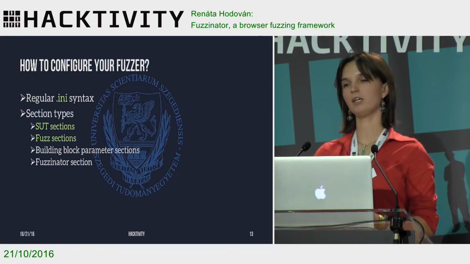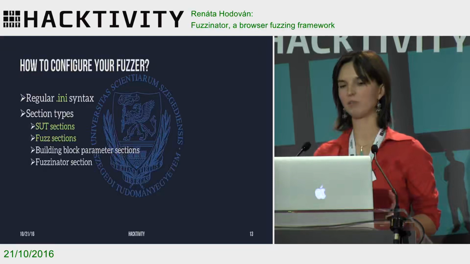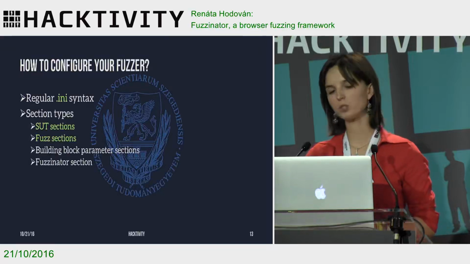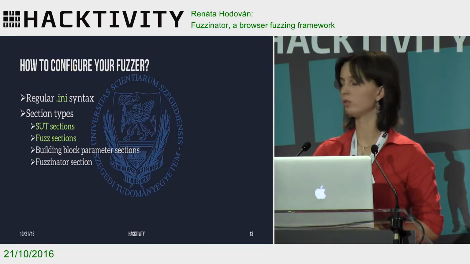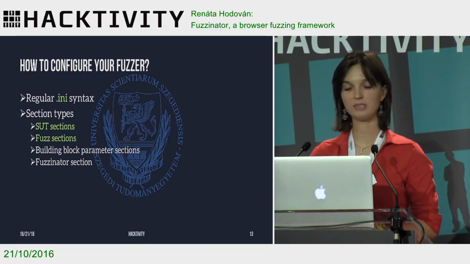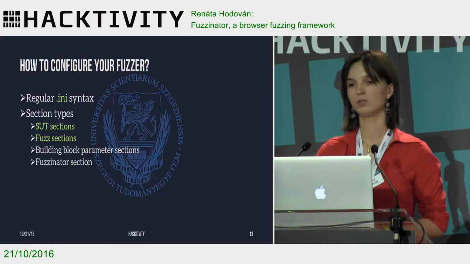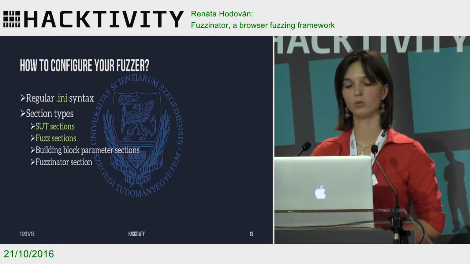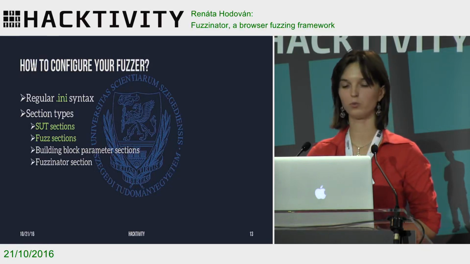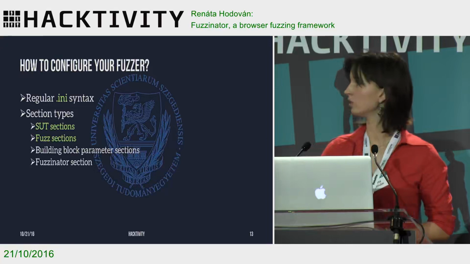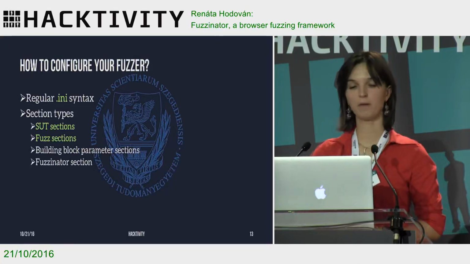Okay, so we have the main building blocks and we have some kind of imagination about the architecture. Now let's see how you can configure your own Fuzzinator instance. As I said, you don't necessarily need to write code, but you can instead write a regular ini config file with two mandatory sections, the sut section and the fuzz section.